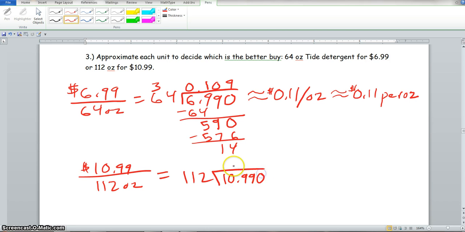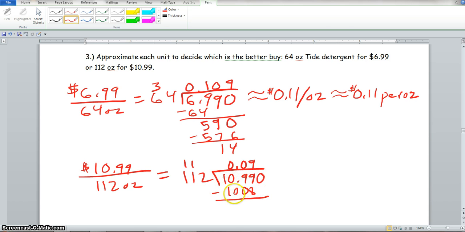Now remember, we got to add a zero here because we're rounding to 3 decimal places. 112 goes into 10 0 times. 112 goes into 109 0 times. 112 goes into 1,099 9 times. 9 times 2 is 18. Carry a 1. 9 times 1 is 9 plus 1 is 10. Carry a 1. 9 times 1 is 9 plus 1 is 10.